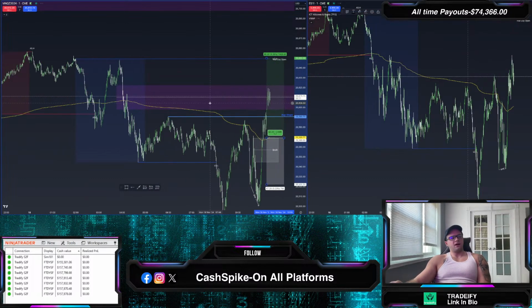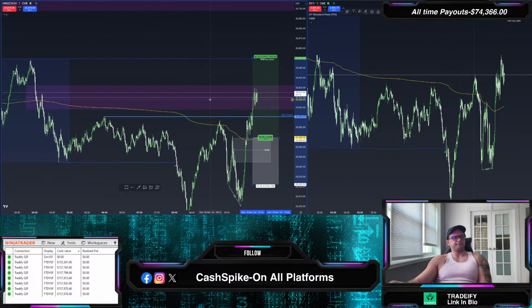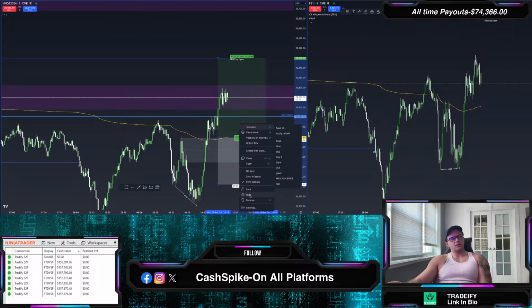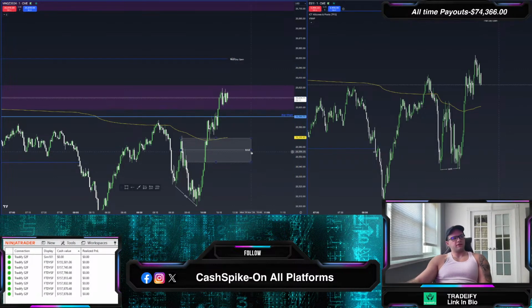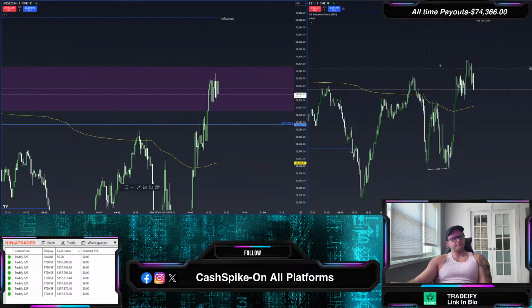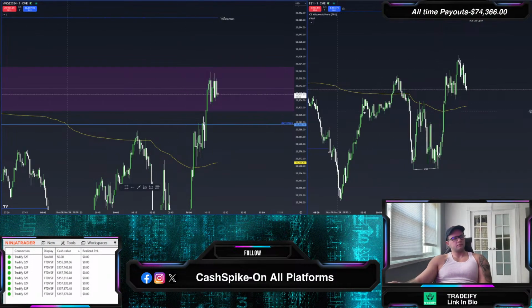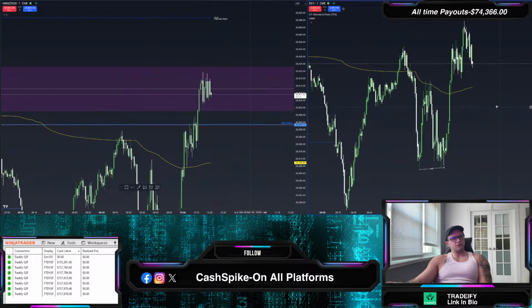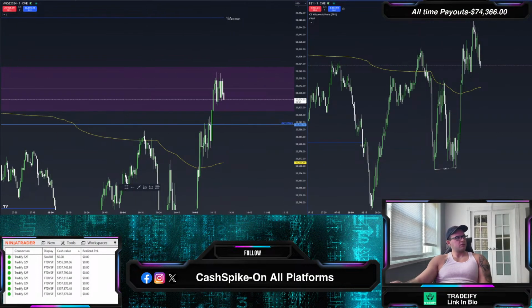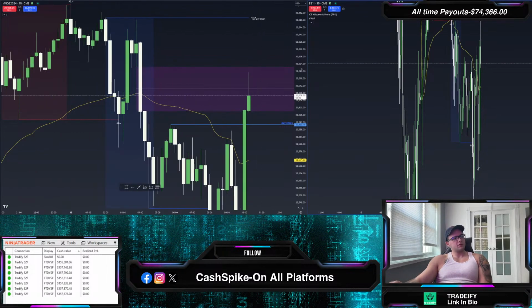So R is absolute trash. It's not worth the risk, even though it works out. No, it's just not worth the risk. It seems to be reversing it all in this fair value gap here.